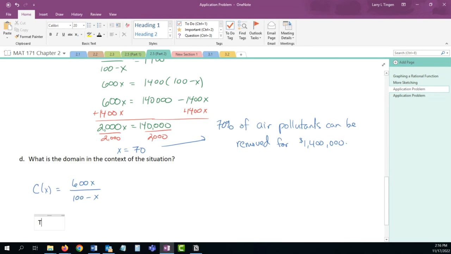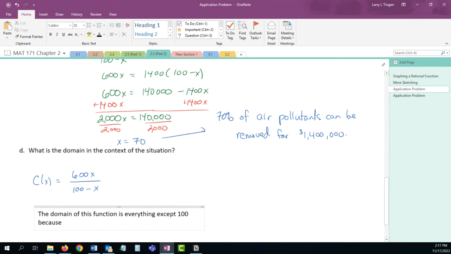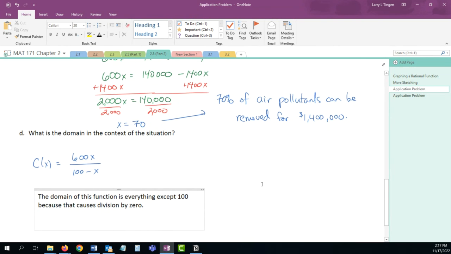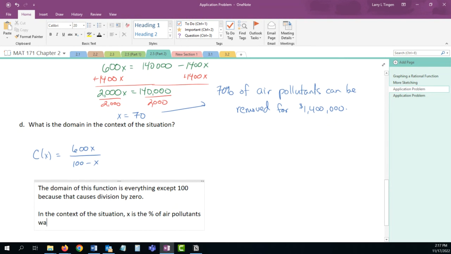If the domain of this function is everything except 100, because that causes division by 0, in the context of the situation, X is the percent of air pollutants we remove from the coal-fired power plant.